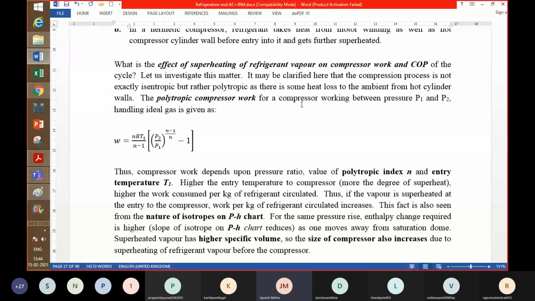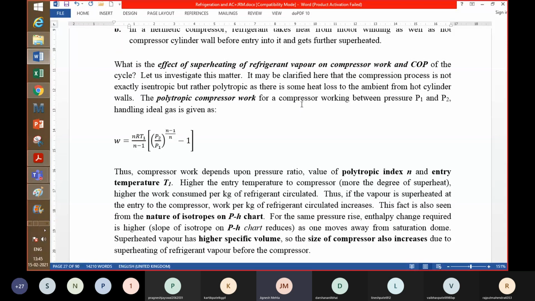So it's not a perfectly isentropic or adiabatic process. It is losing some heat, though not very significant if you compare it with the enthalpy change. But practically, it is losing heat, so it's not perfectly adiabatic, but polytropic, right? So you know how the work for a polytropic process can be calculated.